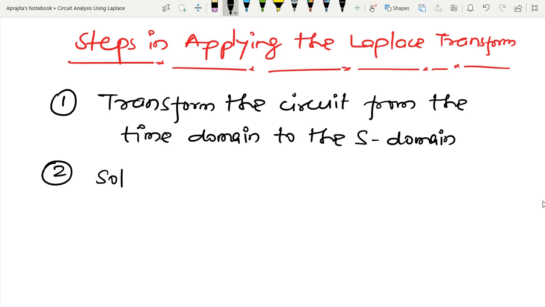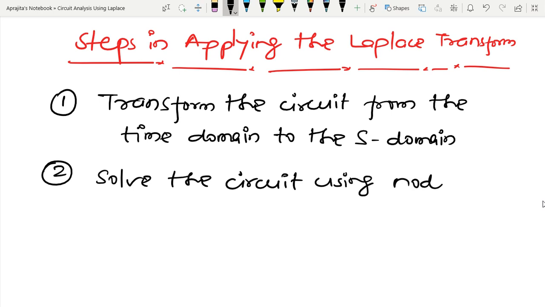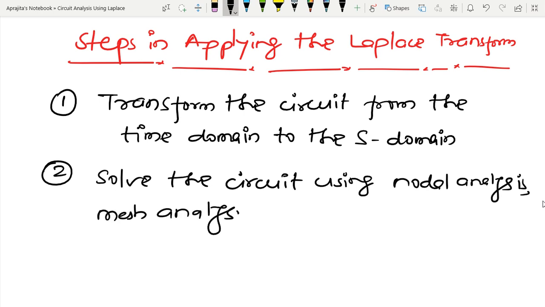So let us write the second step: solve the circuit using nodal analysis, mesh analysis, source transformation.